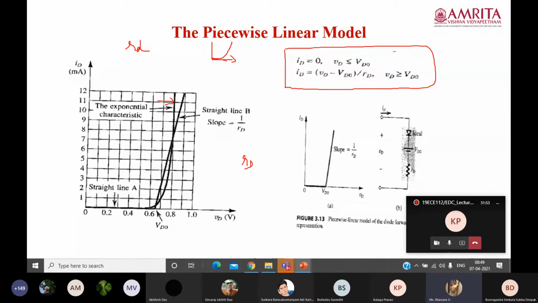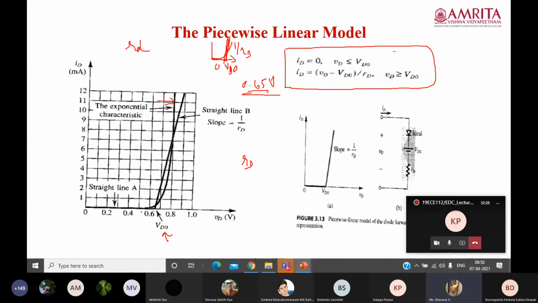It is approximated by two straight lines, one with zero slope and one with slope 1 by rD. They meet at one point, denoted as VD0, the intercept. Generally it will be 0.65 volt. So how will you define the piecewise linear model from the graph?